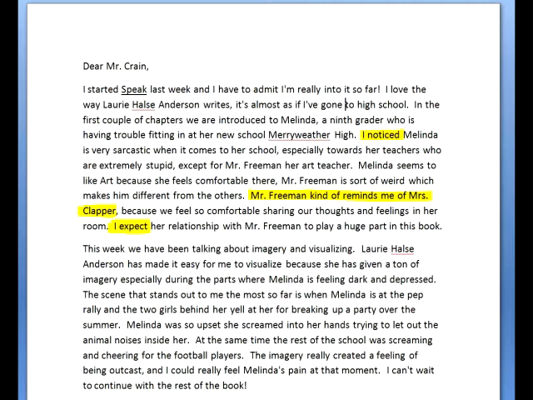And I also said Mr. Freeman kind of reminds me of Mrs. Clapper. And then I also said I expect her relationship with Mr. Freeman to play a huge part in the book. So you see, I'm not just summarizing, I'm also writing down what I was thinking while I was reading the book. Okay, so in the first part of your Reader's Notebook, you're going to tell me about your book.